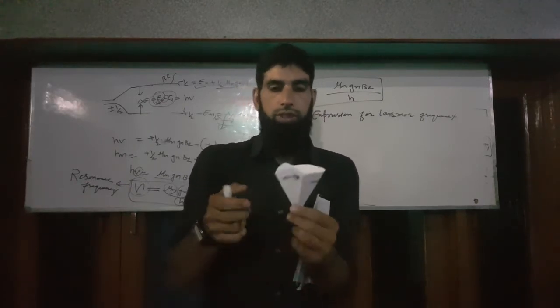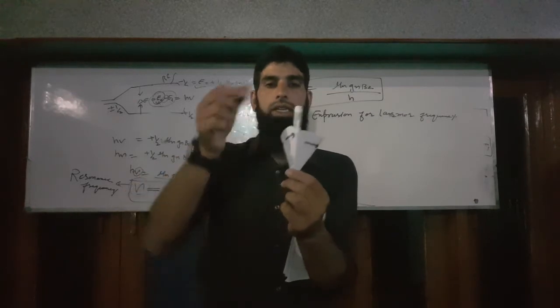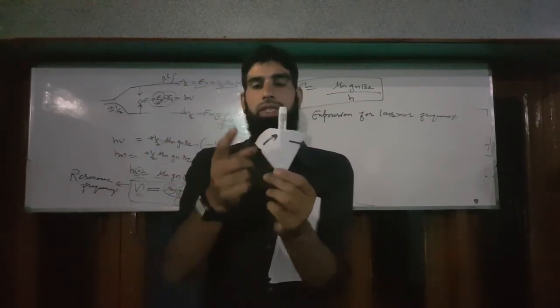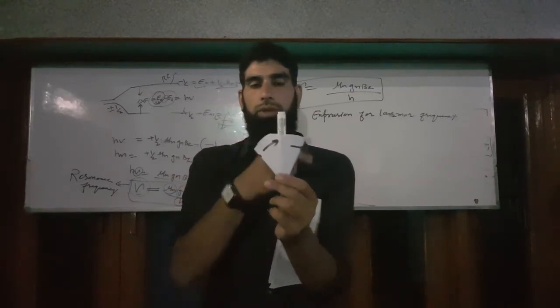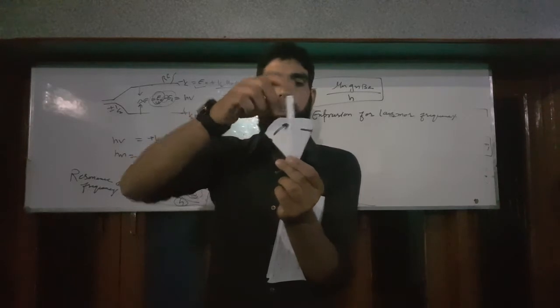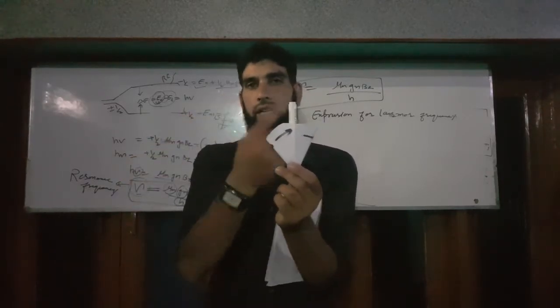Suppose this is our z-axis, and this is our precessing cone. What is a precessing cone? It is the circular motion of the magnetic moment, which results in the formation of a cone. This cone is rotating around the z-axis.